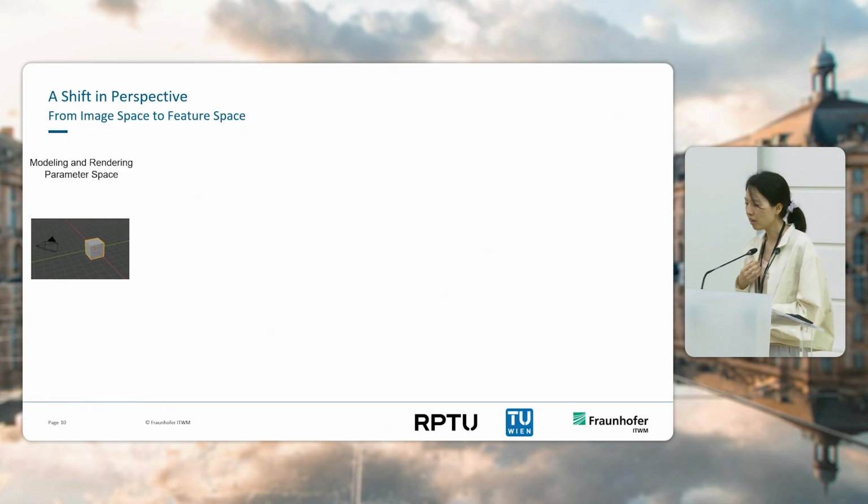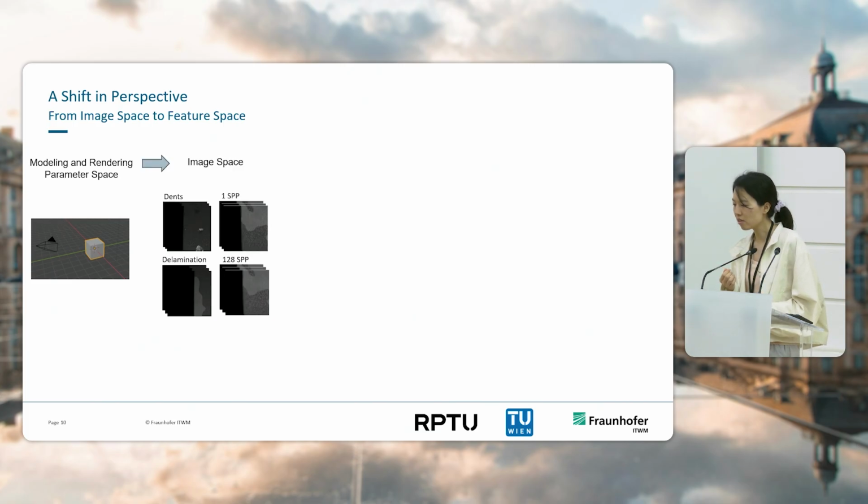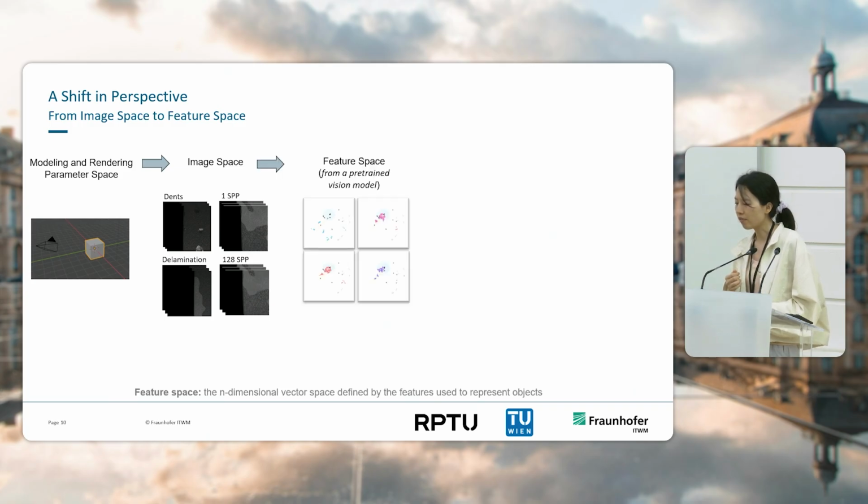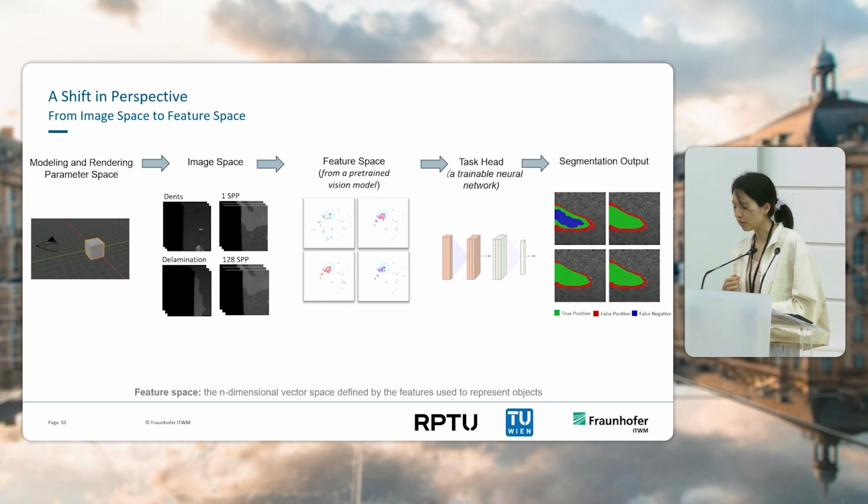In our pipeline, we first sample parameters to create different scene setups. Second, render images. Third, extract features using a pre-trained vision model. Here are the 2D projections of the feature space. Then train a task head. Finally, get the output.